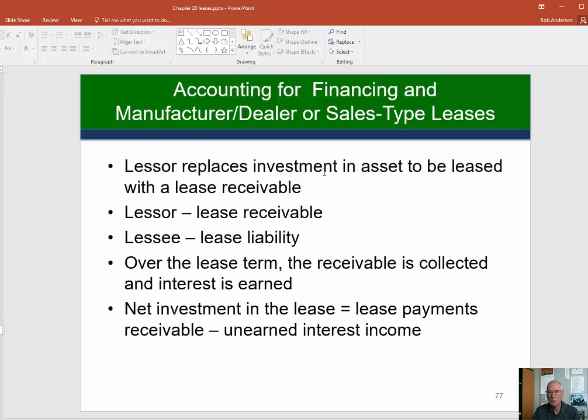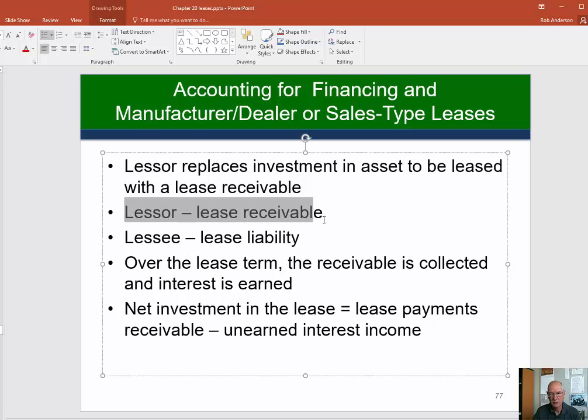And they replace their investment in that inventory or asset with a lease receivable account. So now you owe them money. We basically give the lessee the asset and accrue a lease receivable. So the lessor has a lease receivable and the lessee has a lease liability.